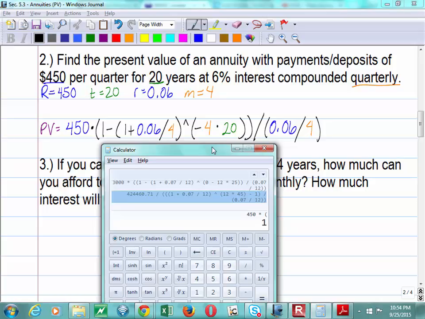Times, to the power of, over. Alright, so I got $20,883.30.